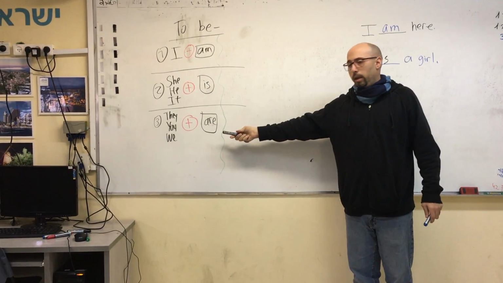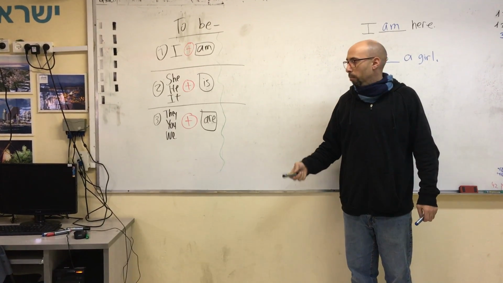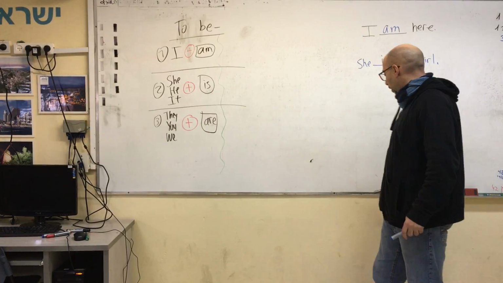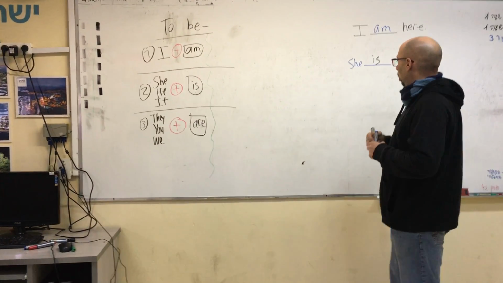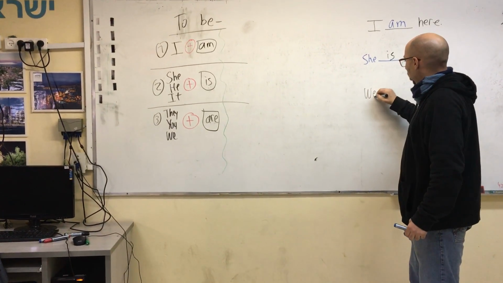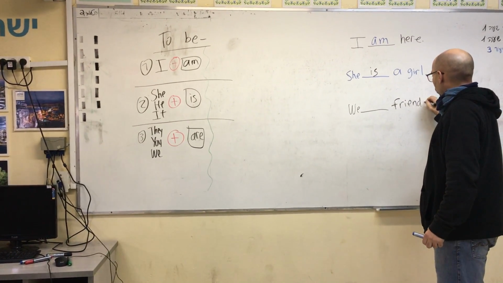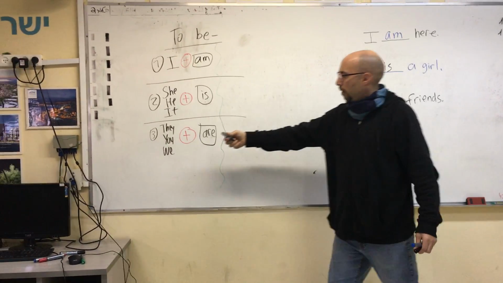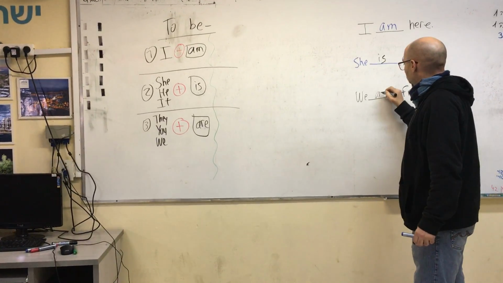if we want to practice using something in the plural, more than one, then we take, for example, we. We are friends. Then we take we are, the third body.